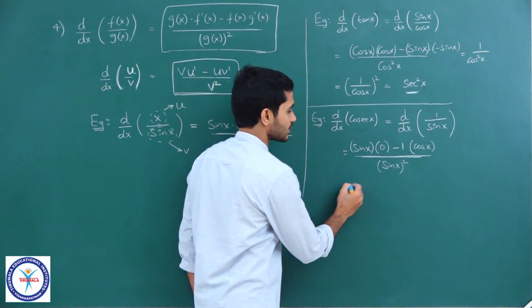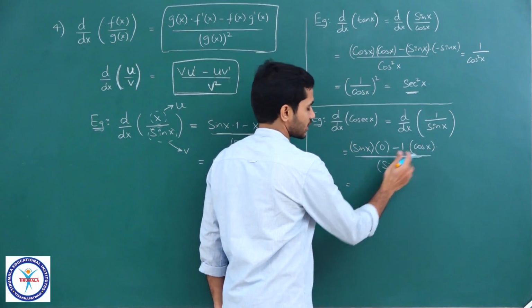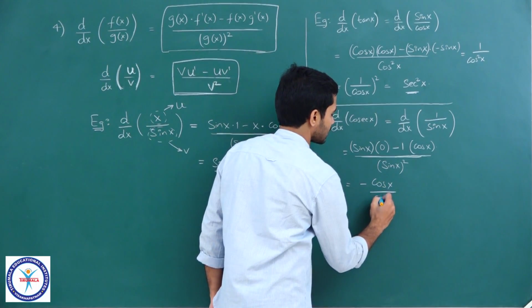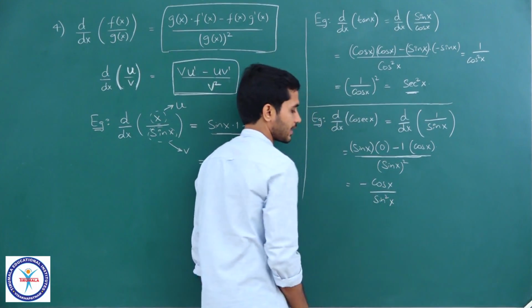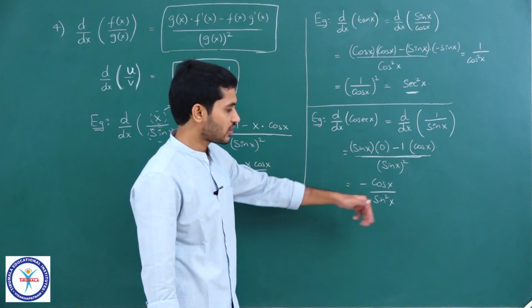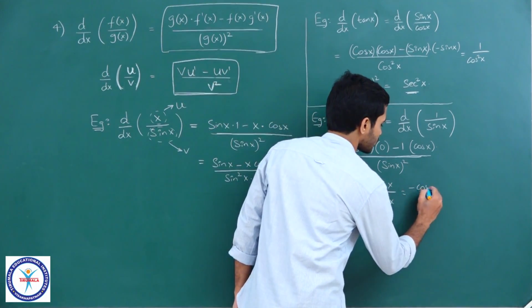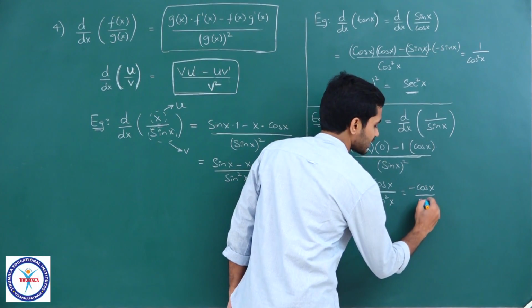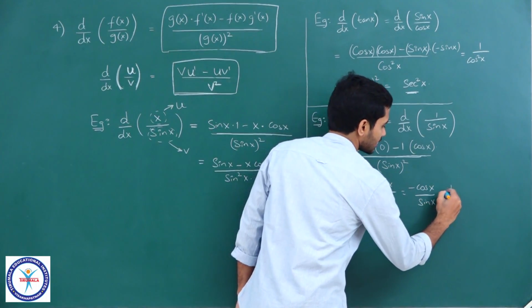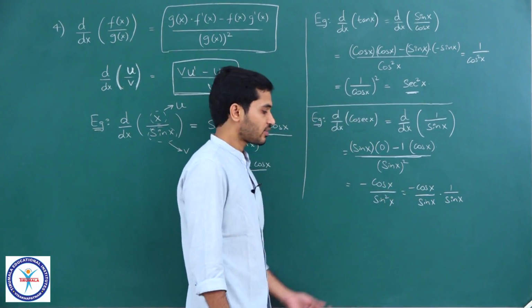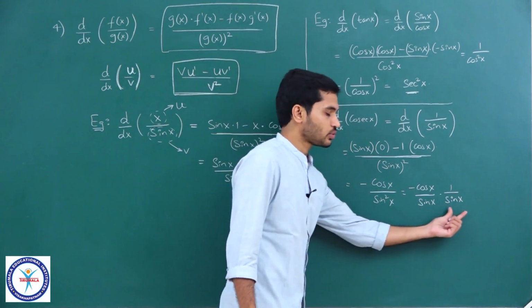So, when I simplify this, it is 0 minus cos x. So, I finally have minus cos x by sin square x. You can actually further simplify this. You can write this as minus cos x by sin x, bringing one sin x here and another sin x separately. Can I write it like that? I have just written sin square x as sin x into sin x.